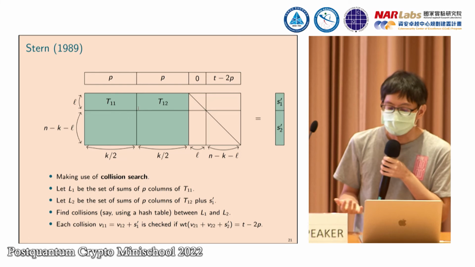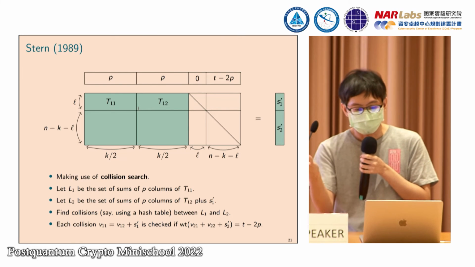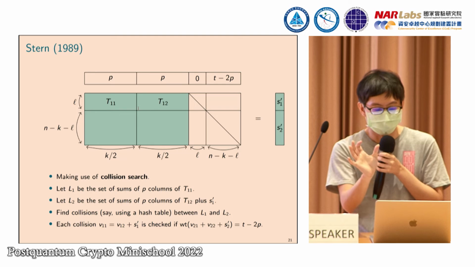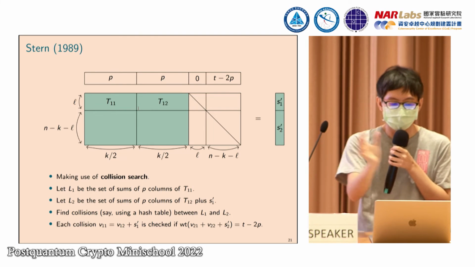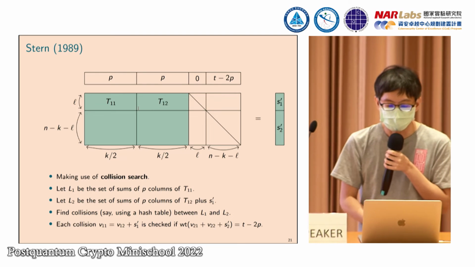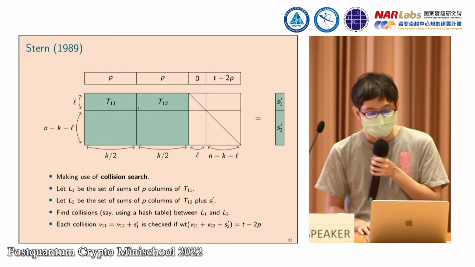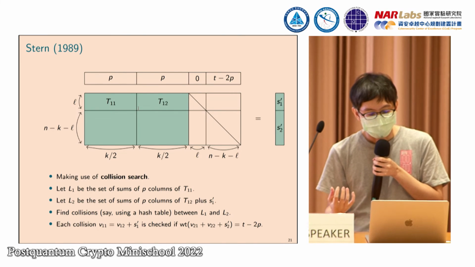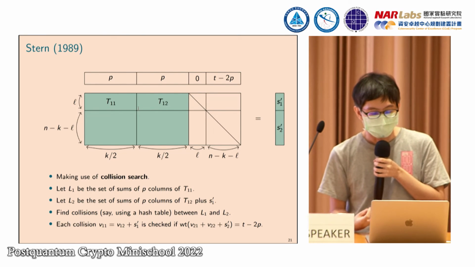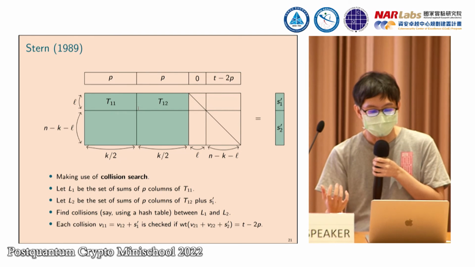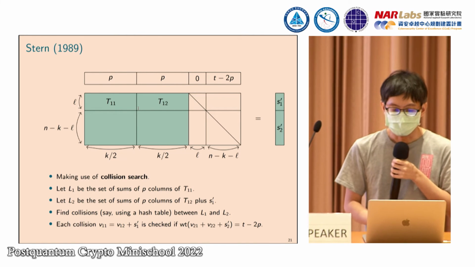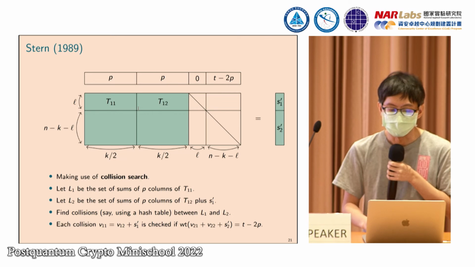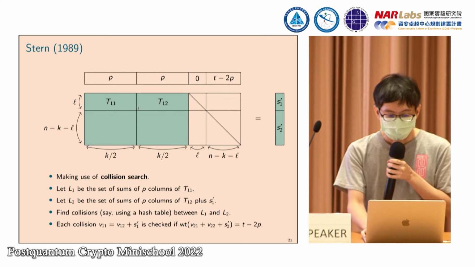Or there are also other ways: you can sort the first list, and then for every element of the second list, you do a binary search to find a collision between these two lists. And as before, if you find a collision, then this is going to tell you a solution for the first row block, and then you can check the second row block.